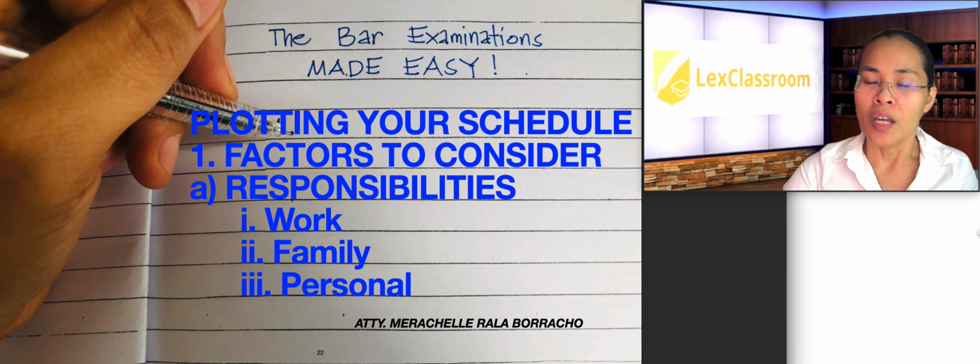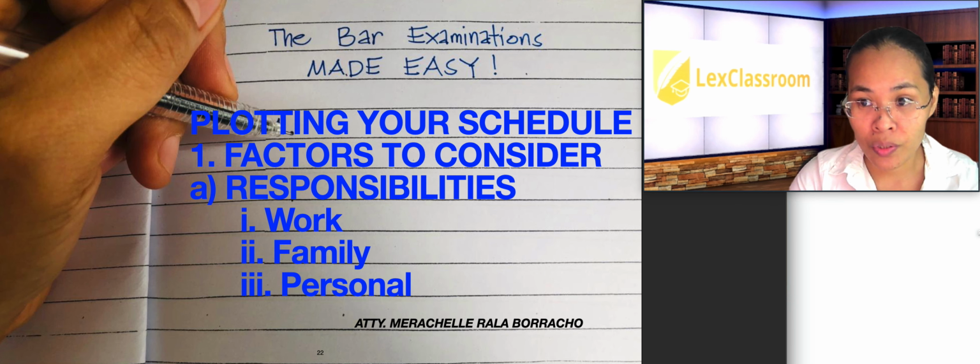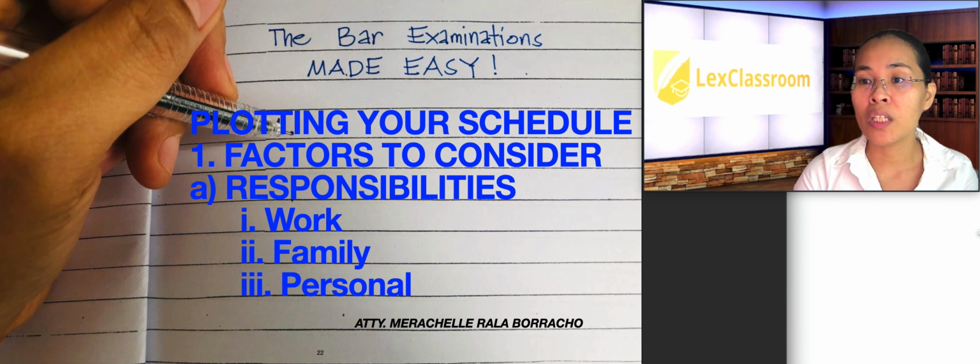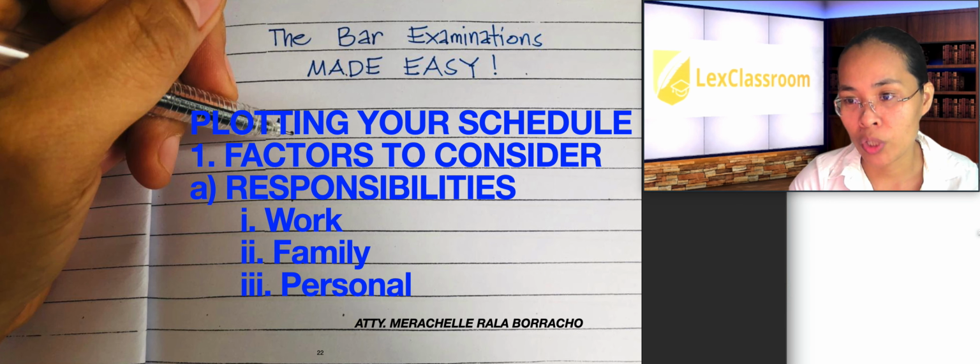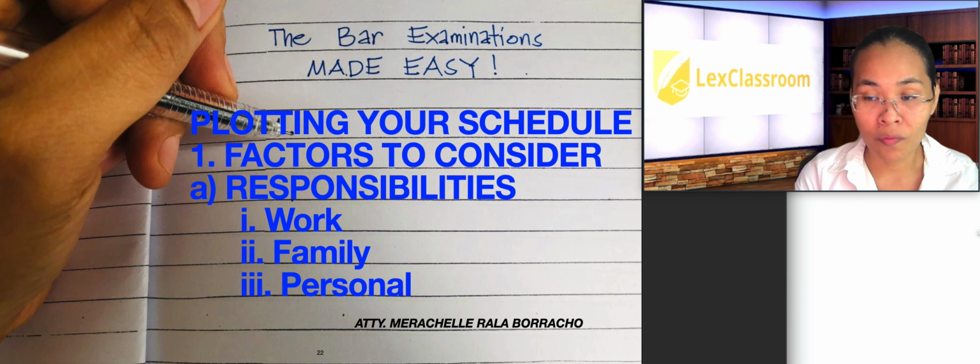Okay. These responsibilities I was referring to a while ago could mean your work. And even if you're working or not, the constant or default responsibility would be your parents, your family, or your children. From person to person, it varies.